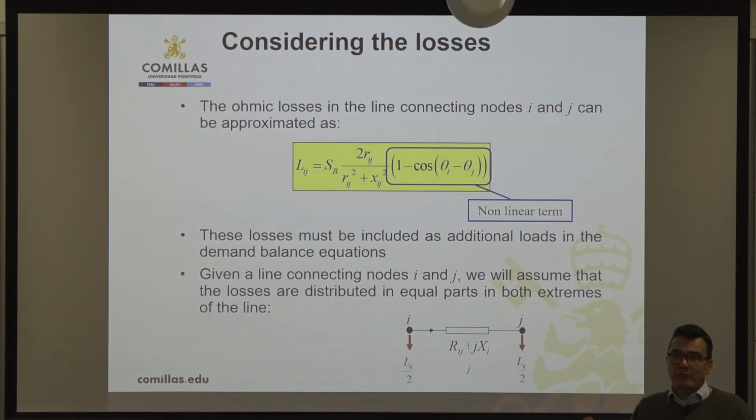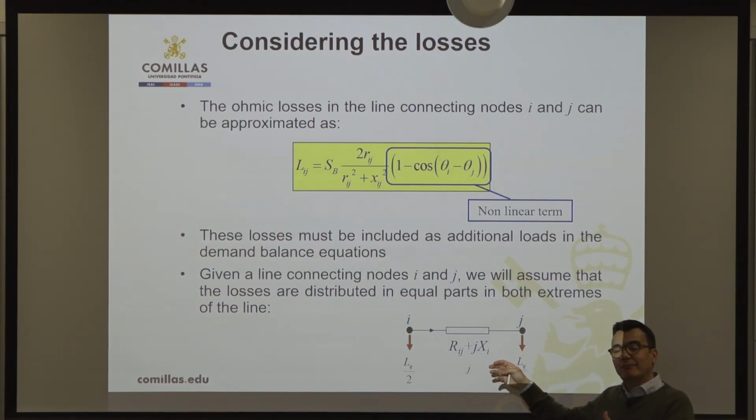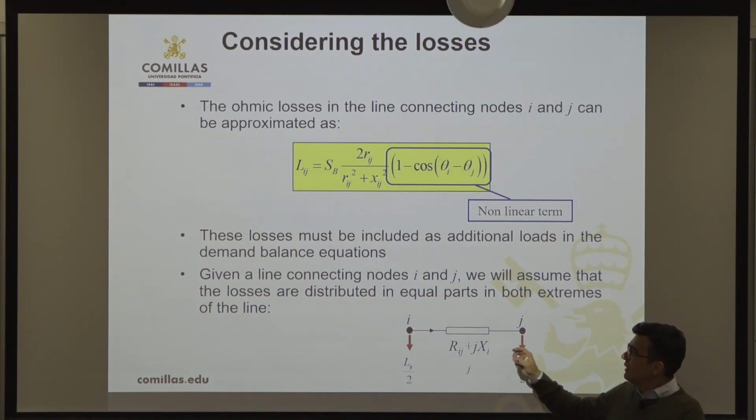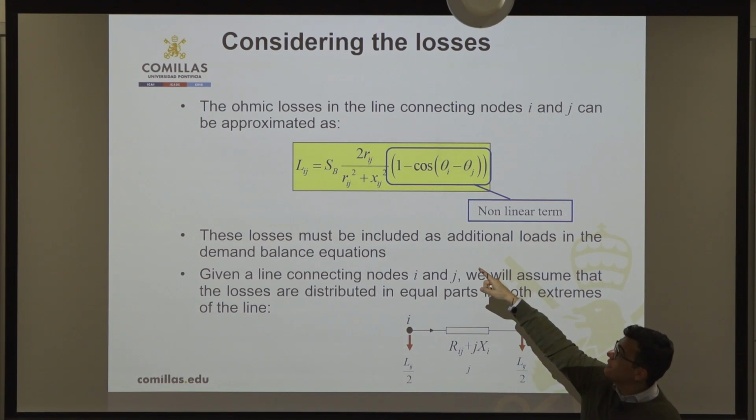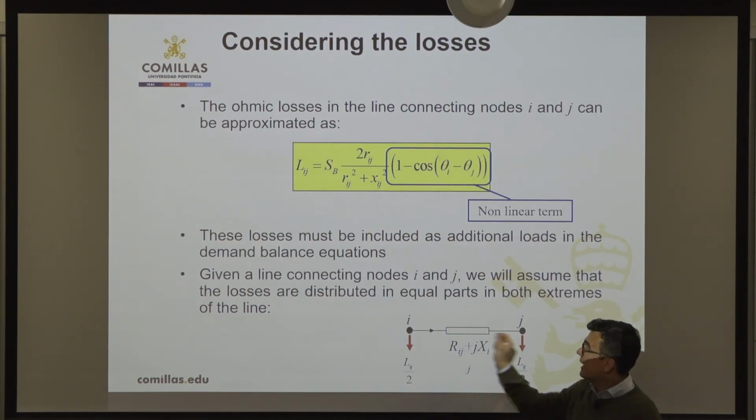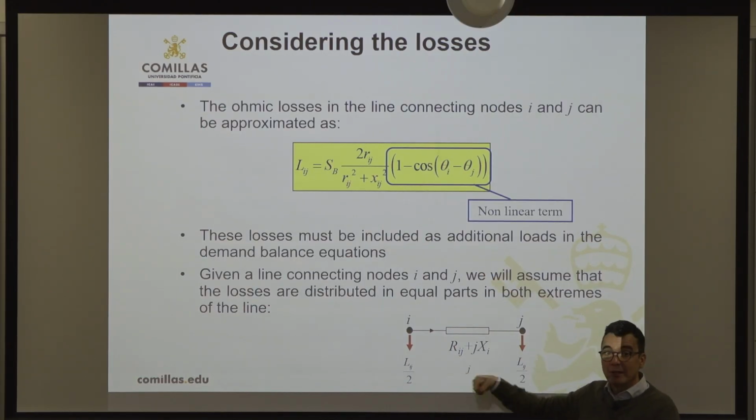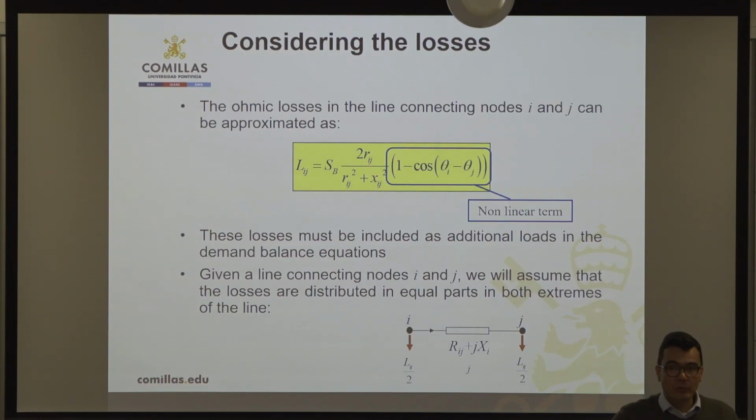So the model will prefer solutions that give lower losses, because it's energy that has to be produced. You see what I mean? If we could compute these losses according to that expression, we could assign half of the losses to the extremes and include them in the load balance equation of every node.